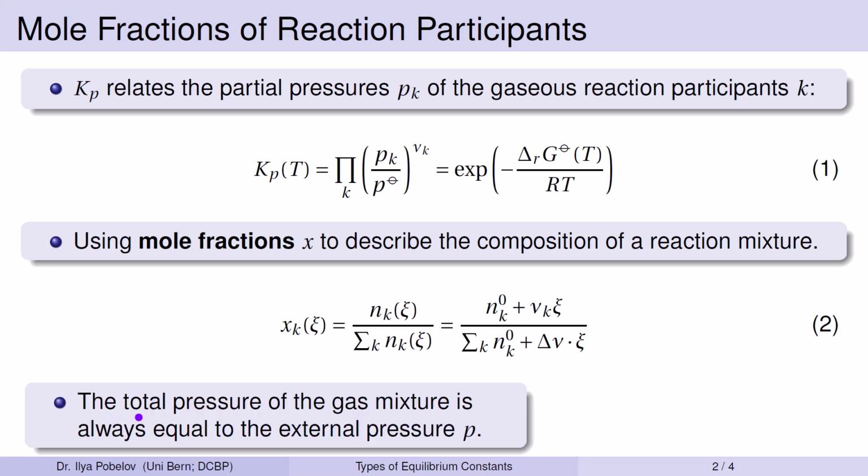It implies that the total pressure of the gas mixture is always equal to the external pressure. The partial pressure of each gas, p_k, is equal to the product of its mole fraction and the total pressure P. This relationship shows the connection between the mole fraction and the partial pressure of each gas in the mixture.